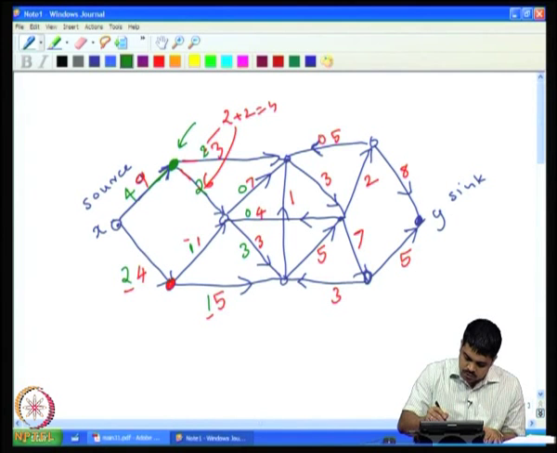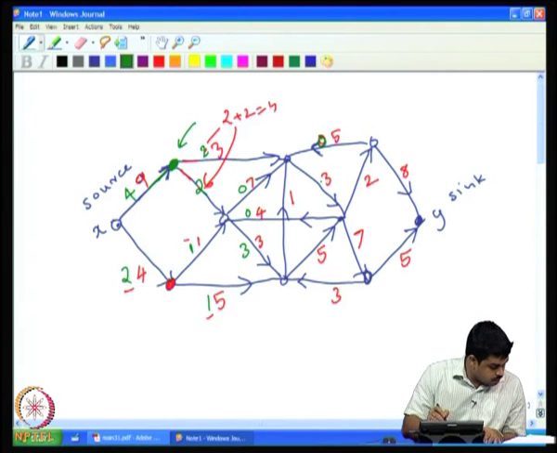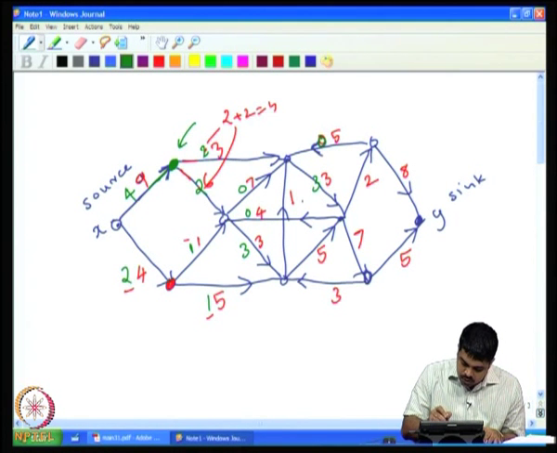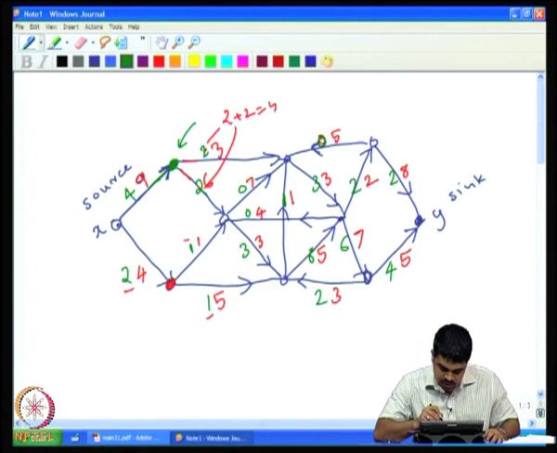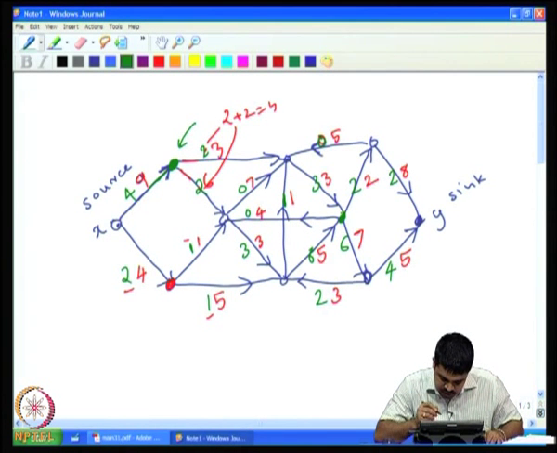I am completing the other values here, 0 here in green, and 3 here, and here it is 1, and here it is 6, say. Here it is 2, and here it is 6, and 2, and 2, and 4. You can check, for instance, for this node, whether the conservation constraint is satisfied. The incoming arcs are this one and this one.